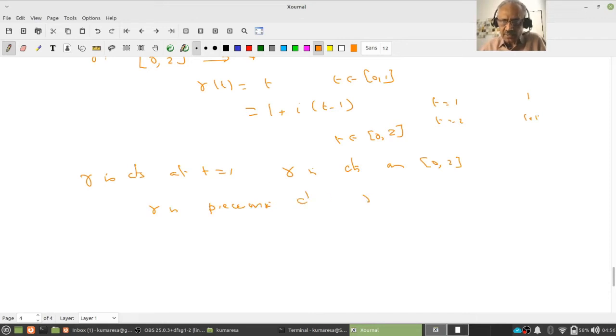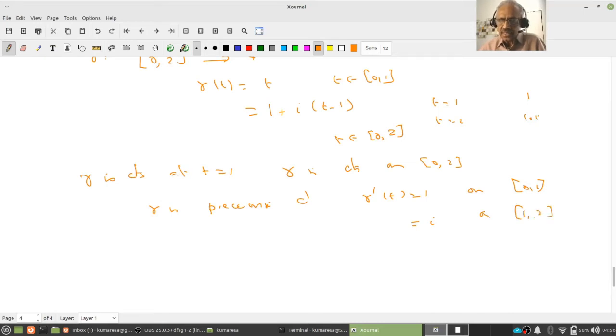piecewise C1, because gamma prime t is 1 on (0,1) and equal to i on (1,2).